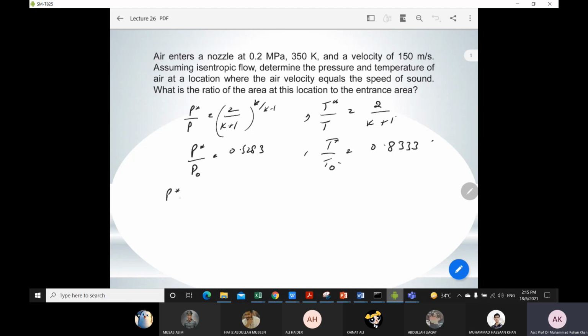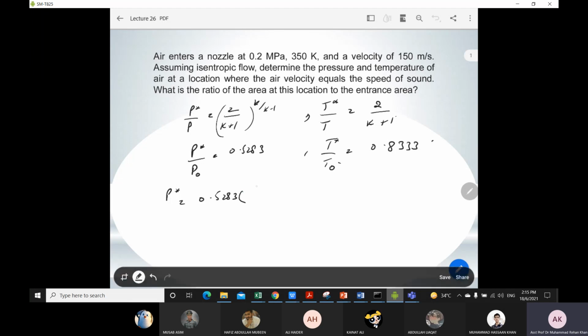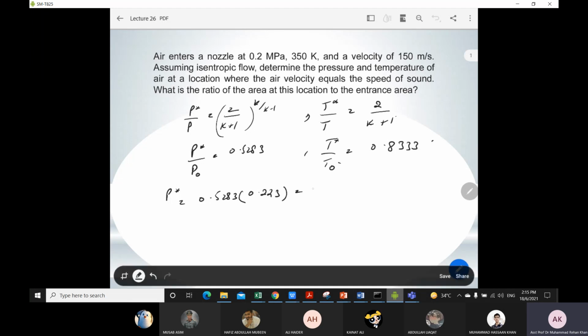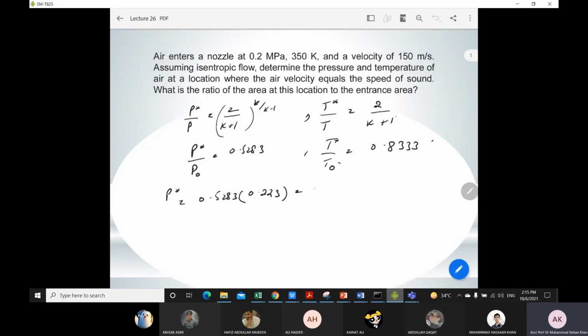So from here we can find P star as 0.5283 multiplied by P naught, which we already found in the previous step, which is 0.223 megapascal. So we get P star equal to 0.118 megapascal.